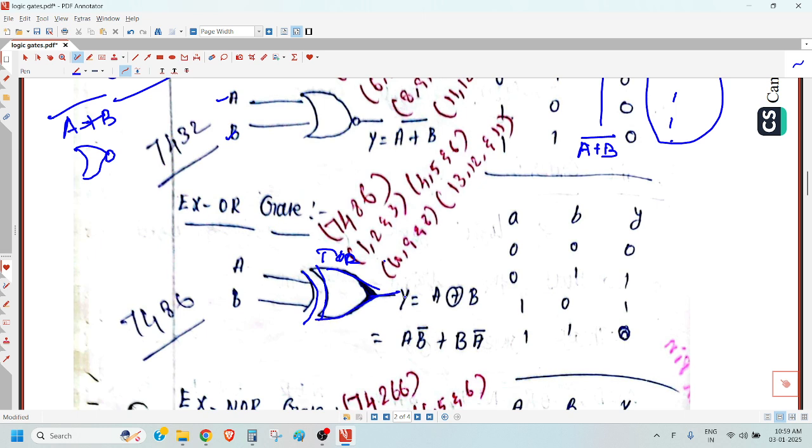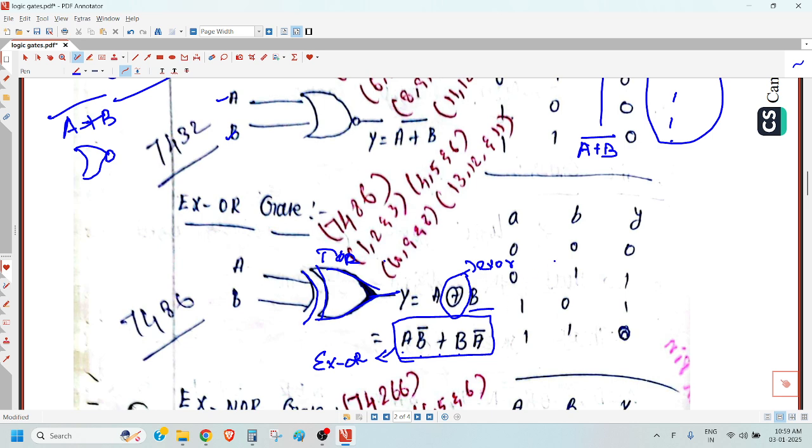The output you will get is Y equal to A XOR B. This symbol is called the XOR symbol. You can derive A XOR B as A B bar plus B A bar. So this is the full form of the XOR: A B bar plus B A bar.